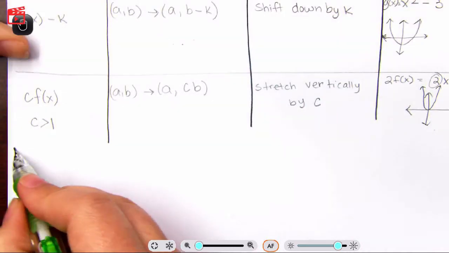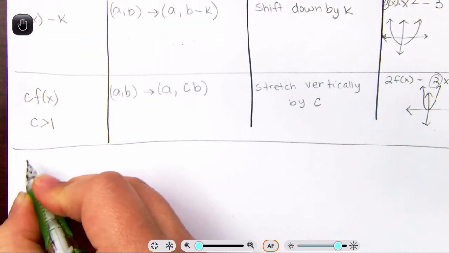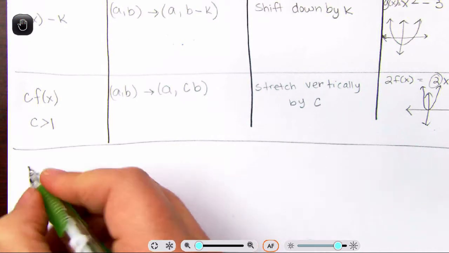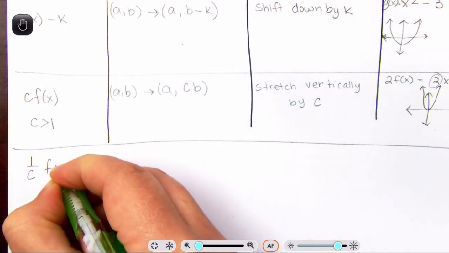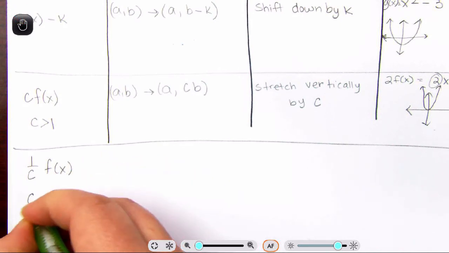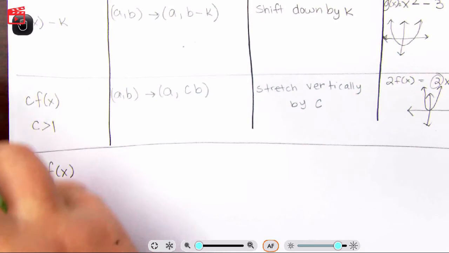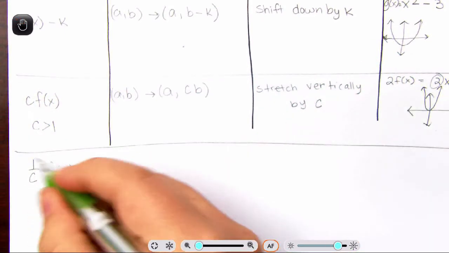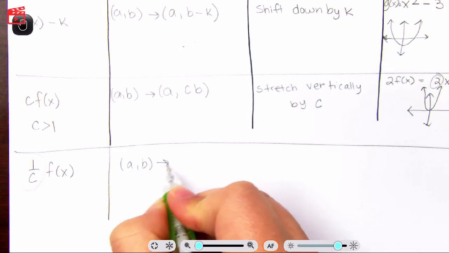Let's do a few more. Now I have 1 divided by c. And that just means my function is a fraction. So if you have a fraction out here, how does that affect it? Well, we're still multiplying by that value.